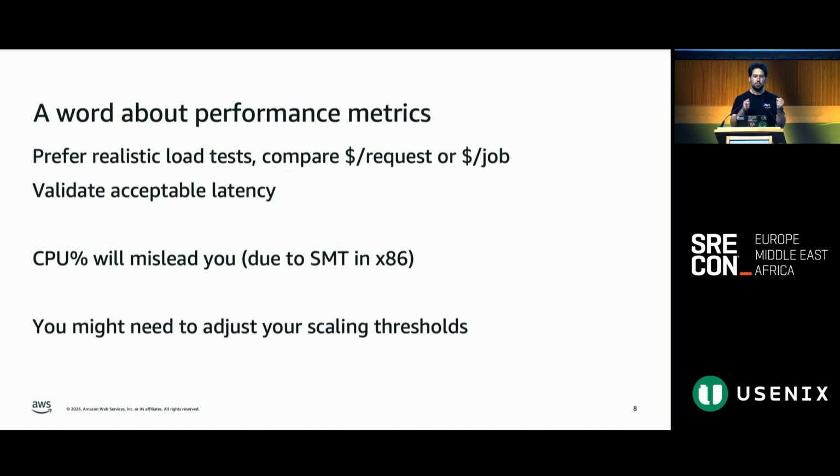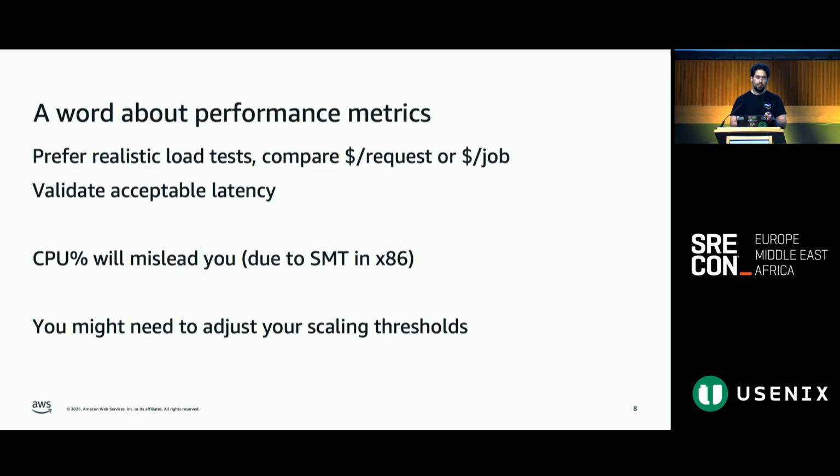So don't load test with GETs if you have half GETs and half POSTs, right? And try to compare dollar per request or dollar per job, depending on what kind of application you're running, between these 2 environments, right? Of course, it will have to respect all the other things. If you have an SLO for latency, everything should be under that latency, and the results should be correct.